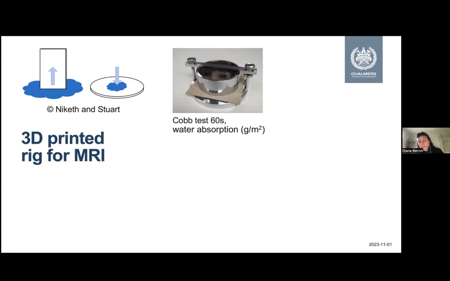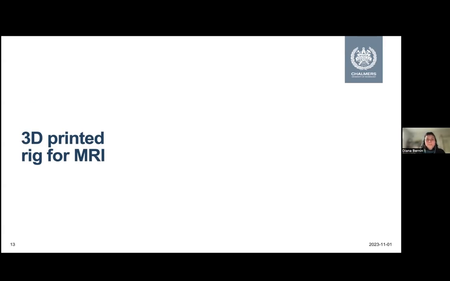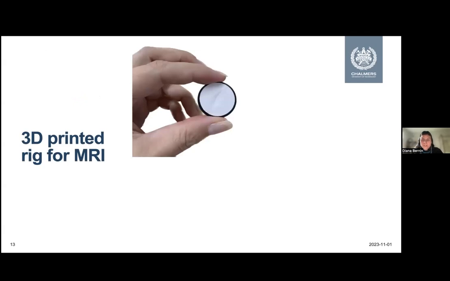NMR tubes are 5 millimeter, but here it's 66 millimeters. But then already the first problem started. Paper wants to buckle. And if it buckles, it gives a problem for us to know where the paper is, so it's not easy to interpret the data we get.